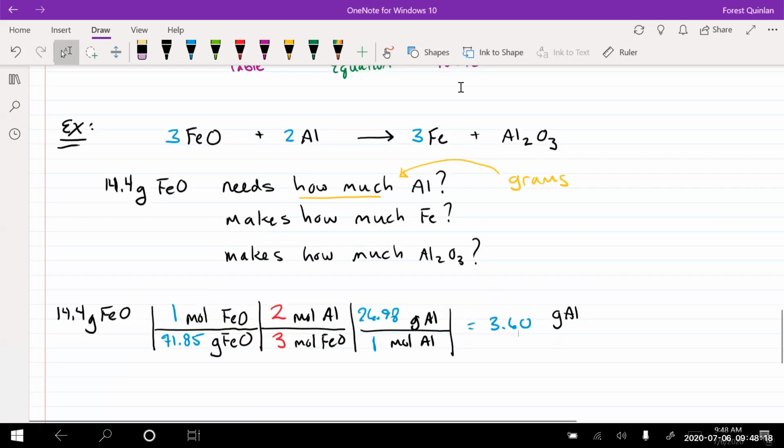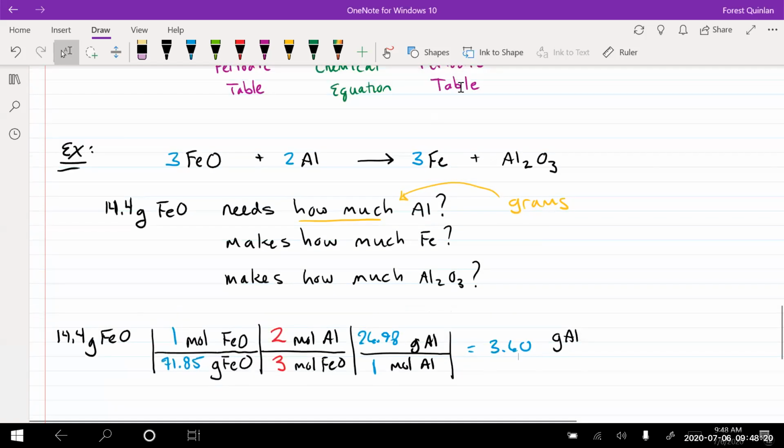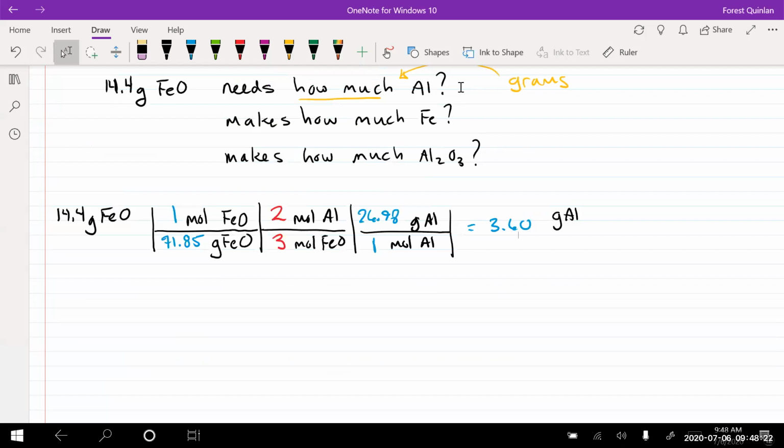The next one was how much iron, so how many grams of iron. So once again, we're going to put where we're going on the one side, and we might as well start in the same place we were. Let's ask ourselves, is there anything up there that looks like grams of iron? Well, grams of FeO can look like grams of iron.